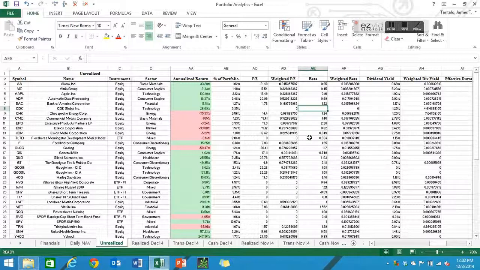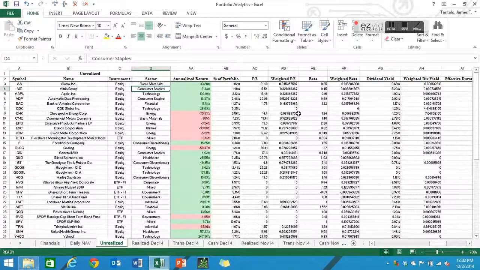This means that for every 1% that the market moves up, our stock will only move up 0.45%. So it's good and it's bad in a sense that when the market goes up a lot, Altria will not move up as much. But when the market goes down, Altria will not move down as much. So it's a pretty safe bet in terms of an investment.